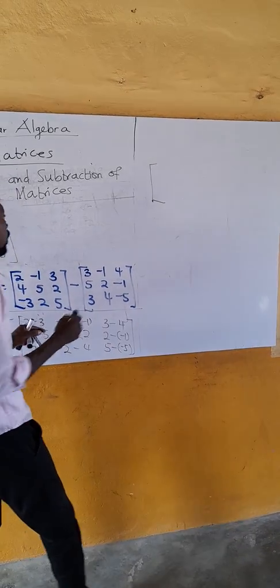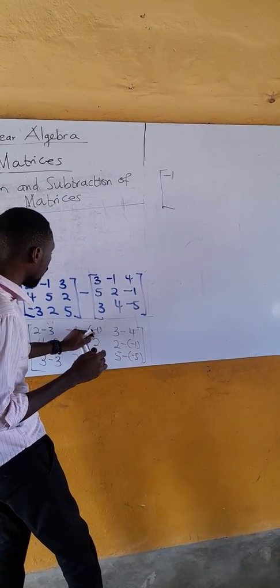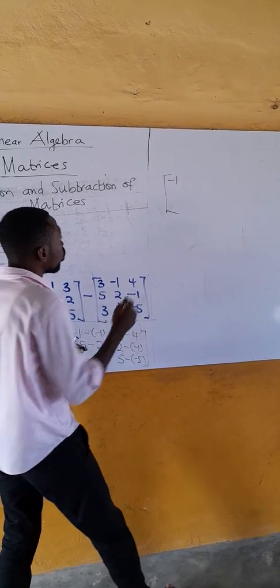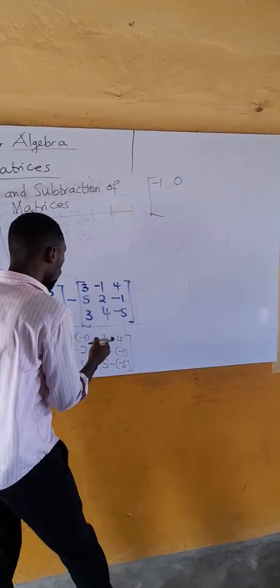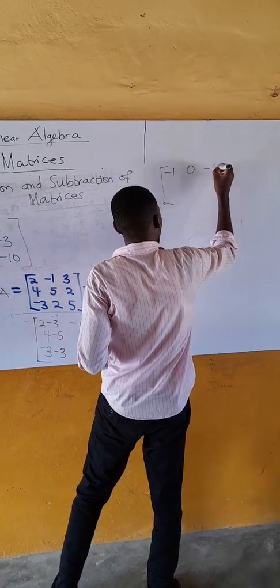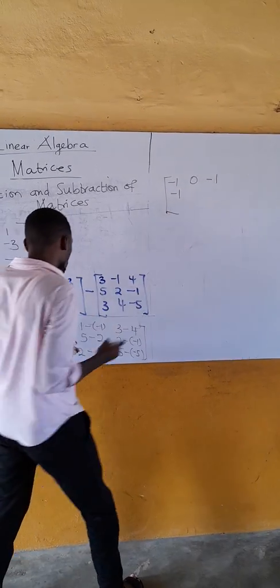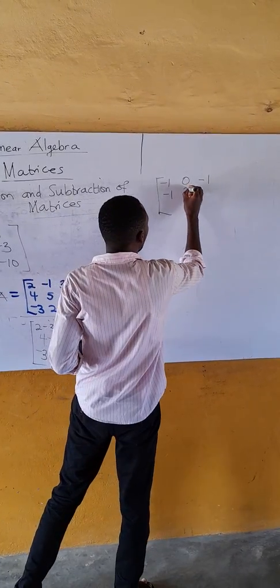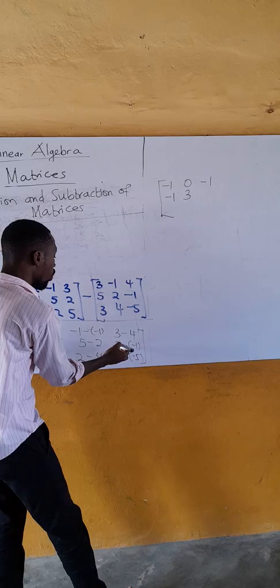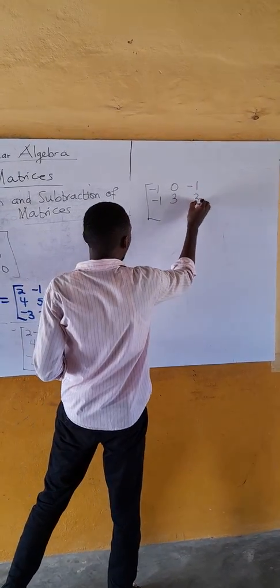So 2 minus 3 is negative 1. Negative 1 minus negative 1 will be negative 1 plus 1, which is 0. 3 minus 4 is negative 1. 4 minus 5 is negative 1. 5 minus 2 is 3. 2 minus negative 1 will be 2 plus 1, which is 3.